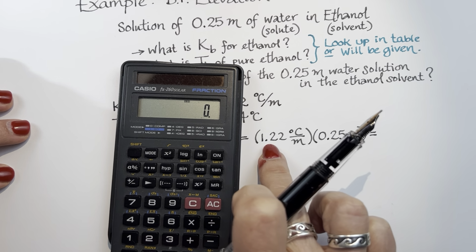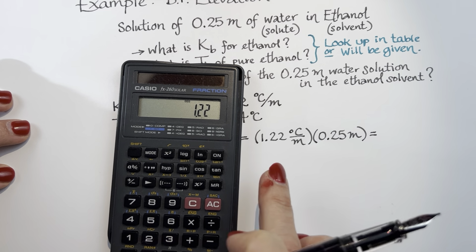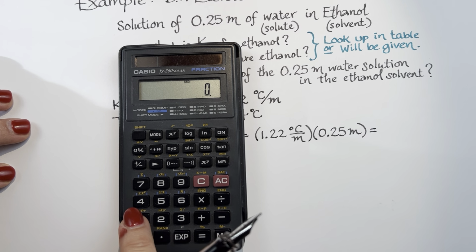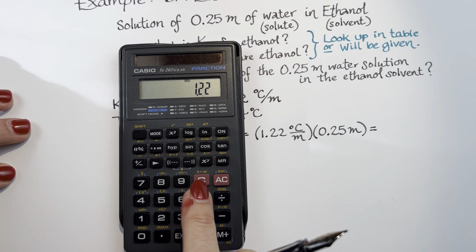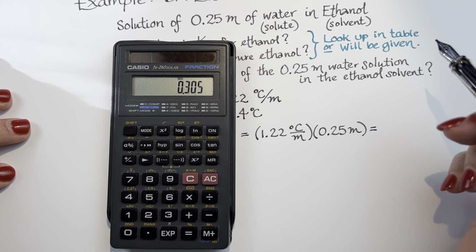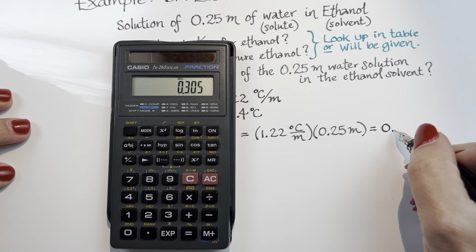We are figuring out the product between these two. 1.22 times 0.25. Okay. Alright.